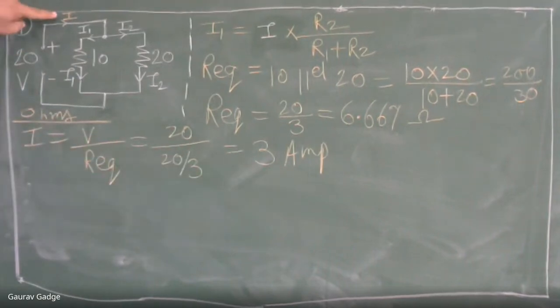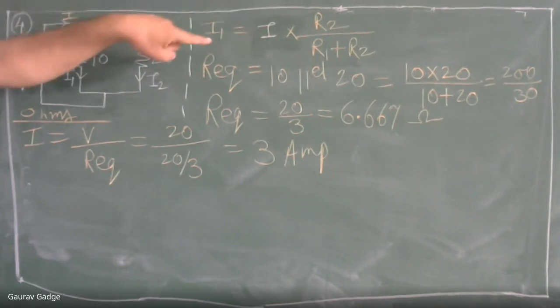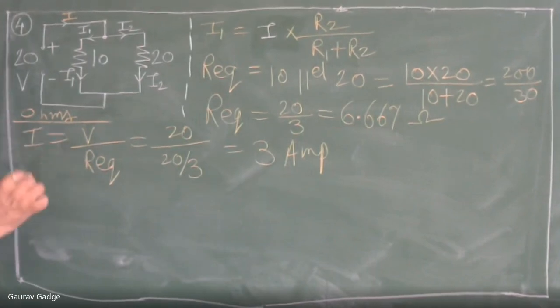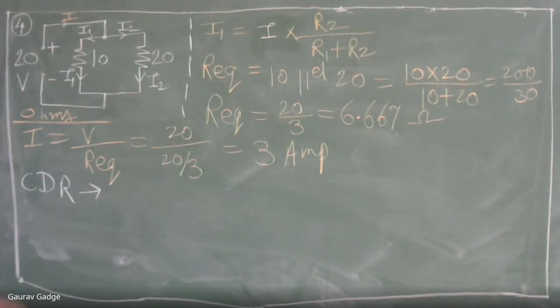Now that we have this value, we can easily find the values of I1 and I2. Those values can be calculated by using the current division rule, CDR.